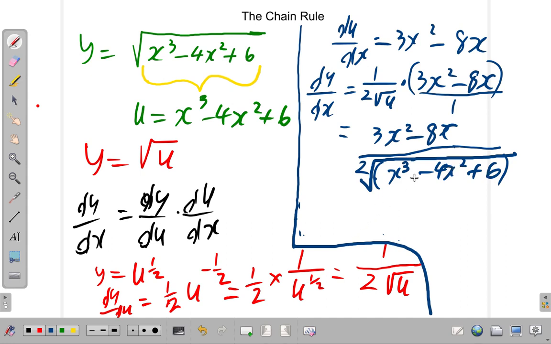So it's 3x squared minus 8x all over 2 square root of x cubed minus 4x squared plus 6. Let me put the 2 a bit further out. Don't want the 2 inside the square root sign. Alright, so we have our answer fixed up. So therefore, dy by dx is this.